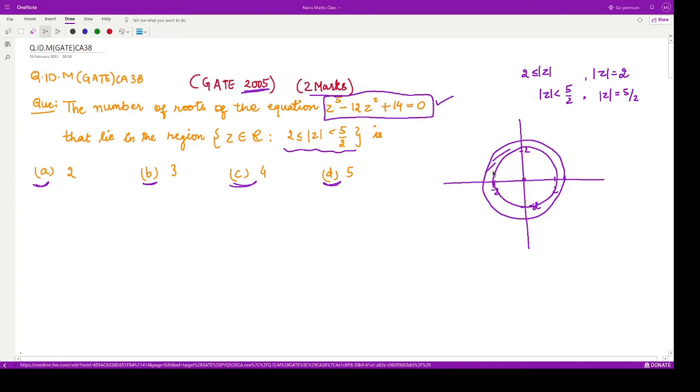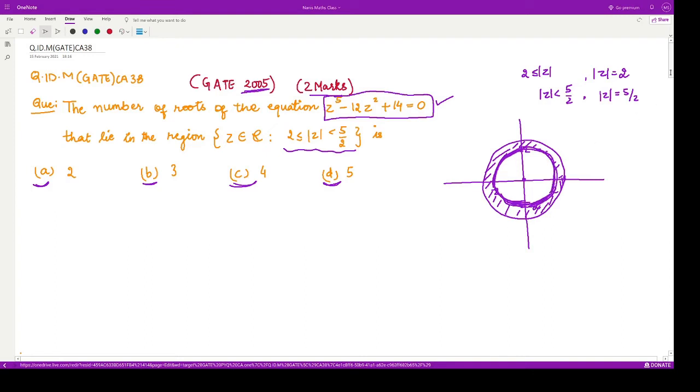So our region is this ring region, which is called an annulus, and this boundary having radius 2 is being included in our region. So they are saying in this particular region find the number of zeros of this equation.